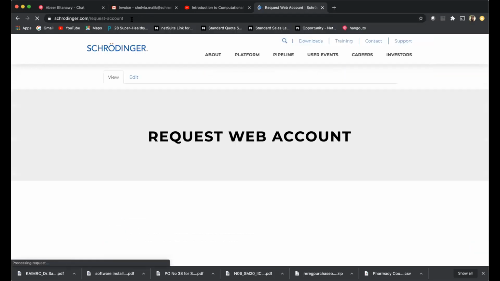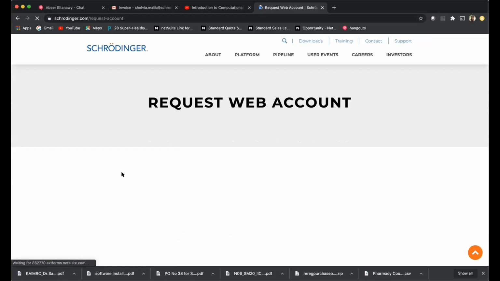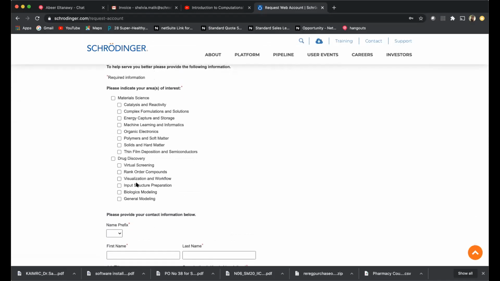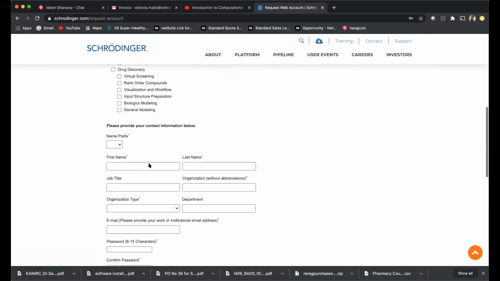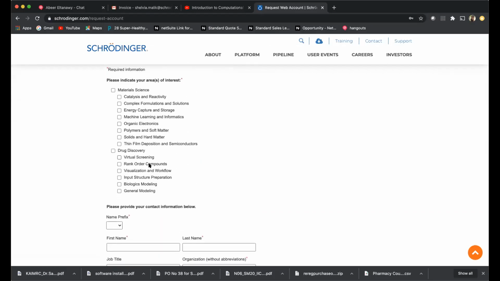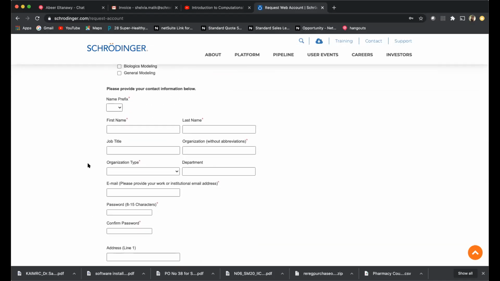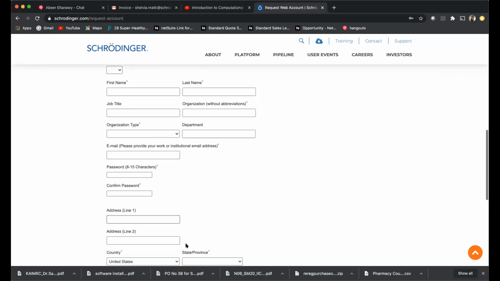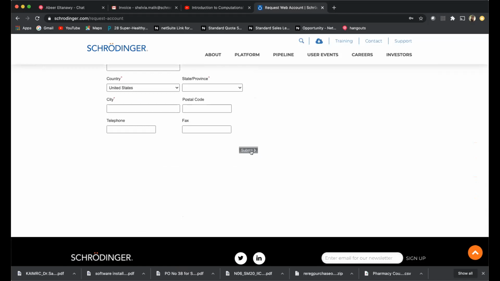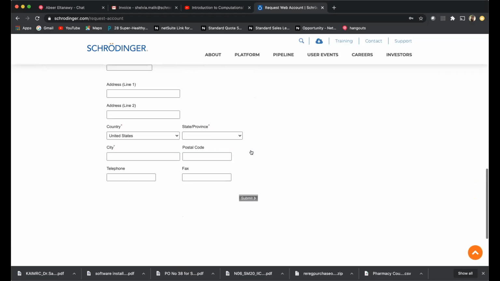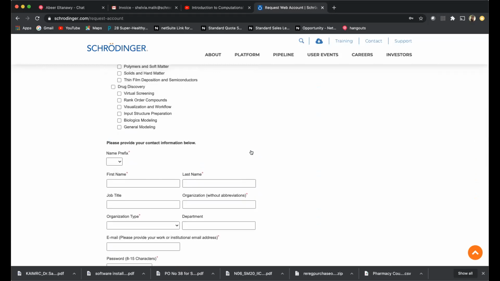Okay. So when you go here, you will see this little form. Make sure you fill this up according to your understanding. It doesn't have to be perfect. Here, you need to fill all the necessary information that is required and then submit. When you submit, you will receive an email to verify your email.